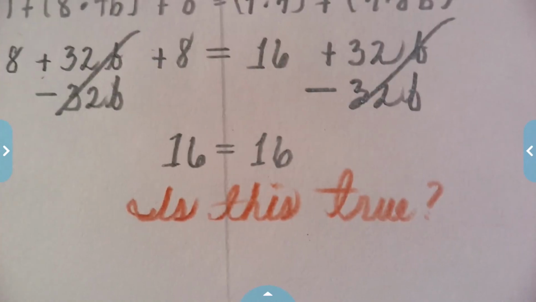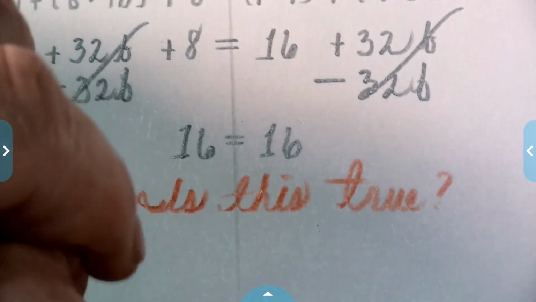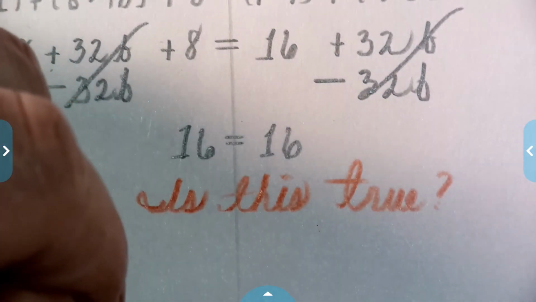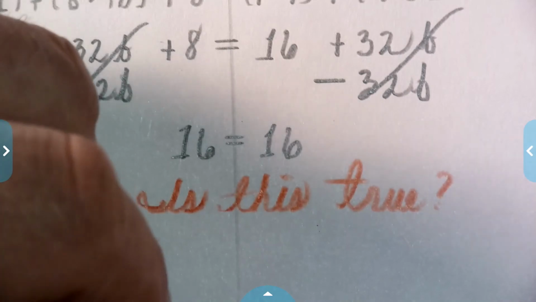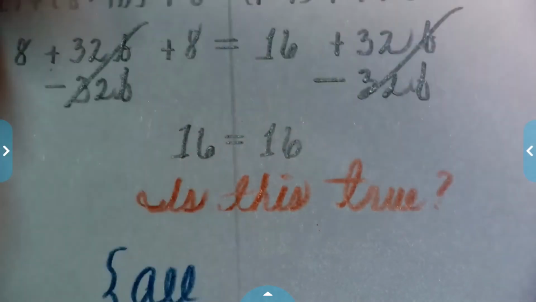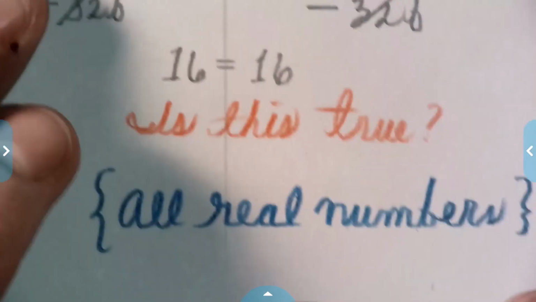And the answer is yes. And so the answer to the question is all real numbers. So that's kind of a weird one. And I wanted to show it to you so you could see how it evolves. Okay. All real numbers.